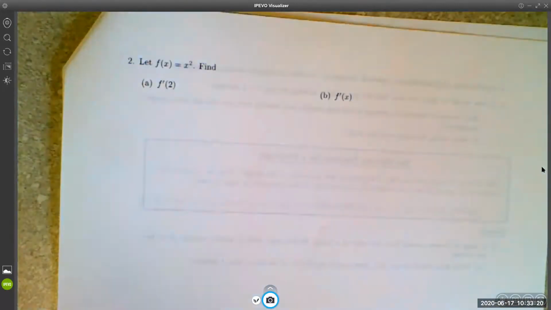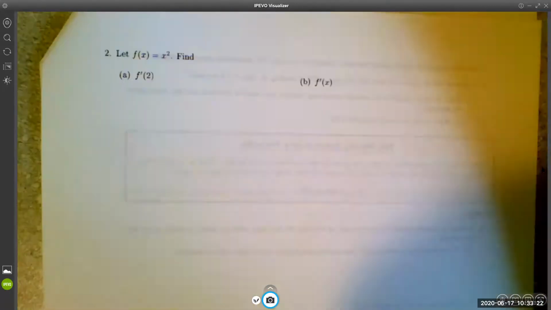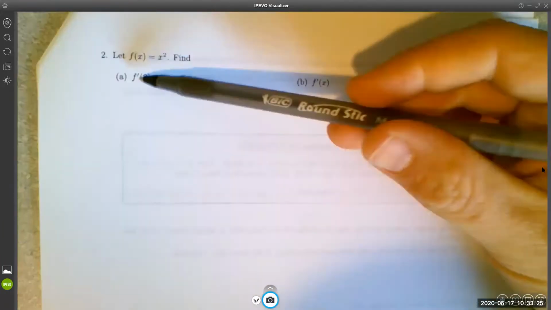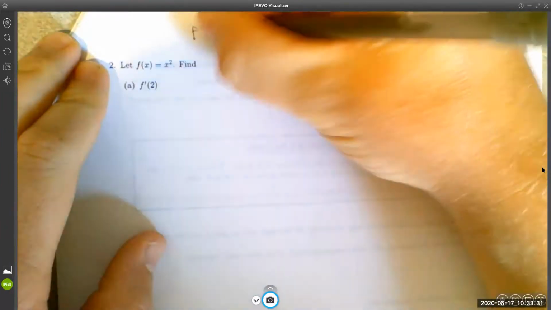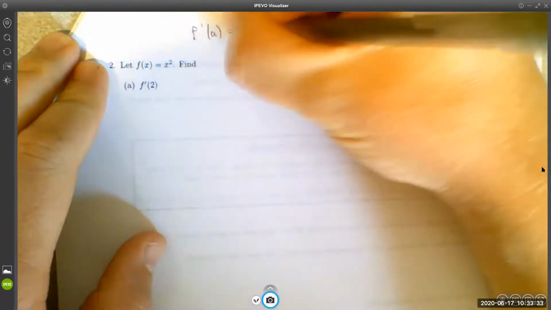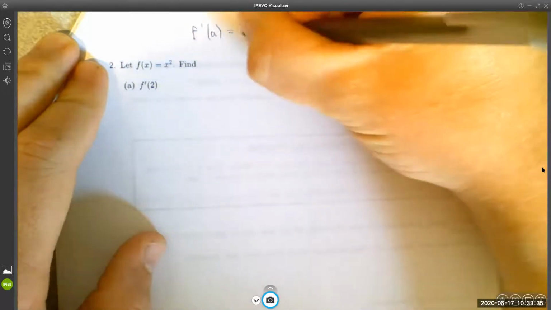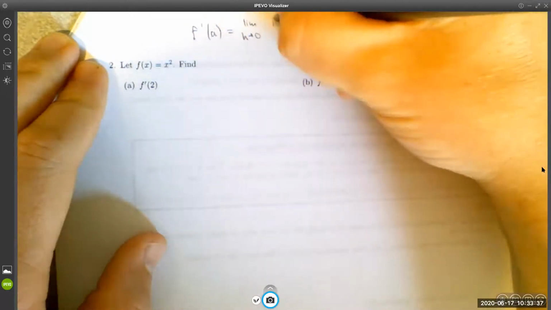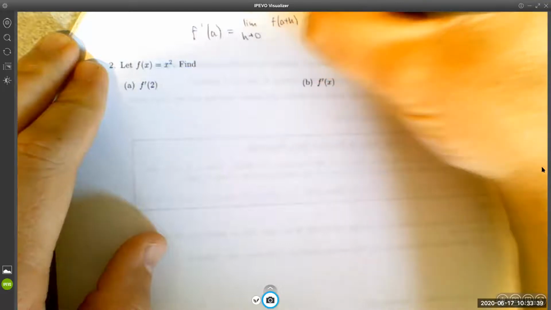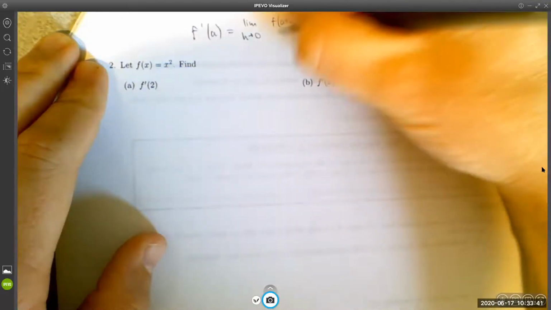Let's do another example. So let's say that f of x is x squared. And let's do the same thing. Let's find f prime of 2, and then let's find f prime of x. So remember, right? F prime of a is the limit as h approaches 0 of f of a plus h minus f of a over h, right?